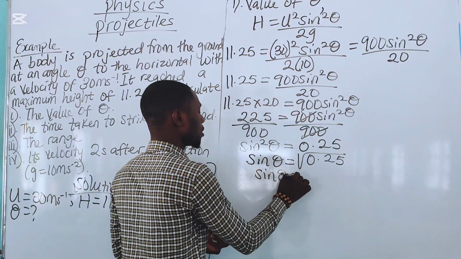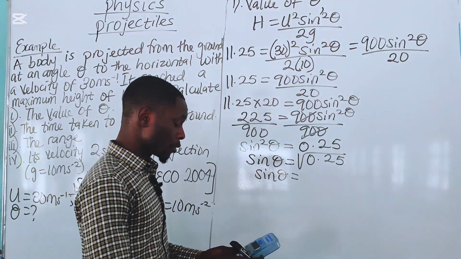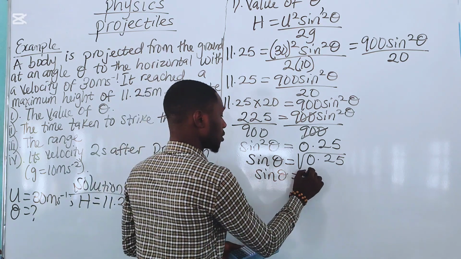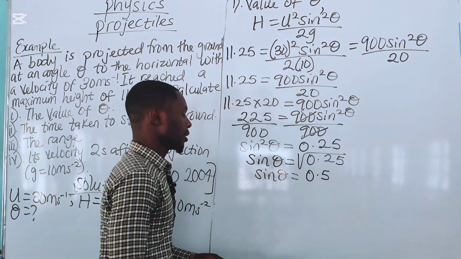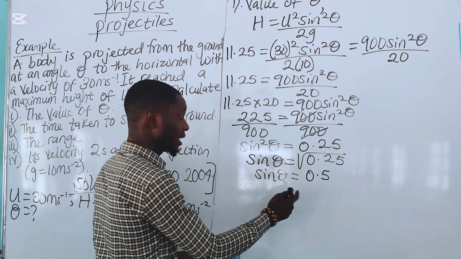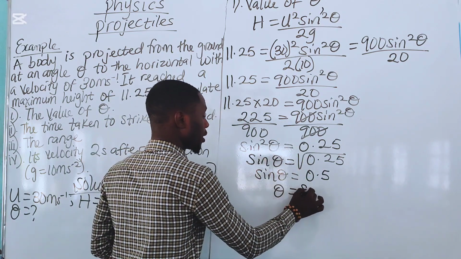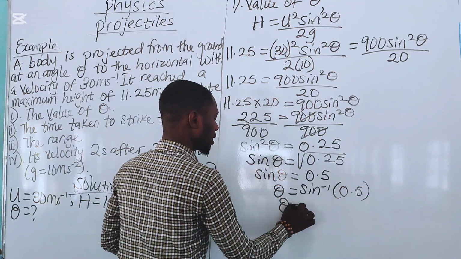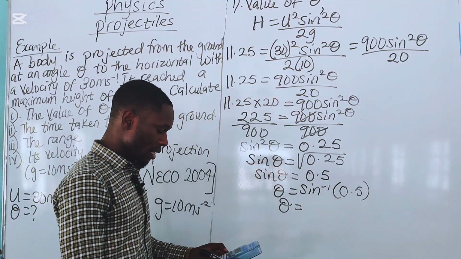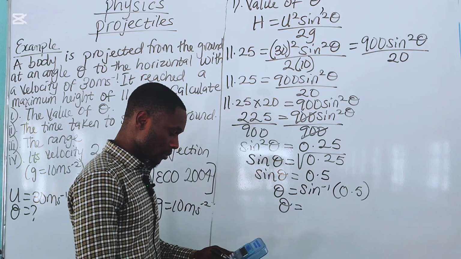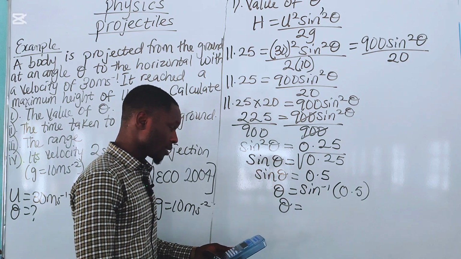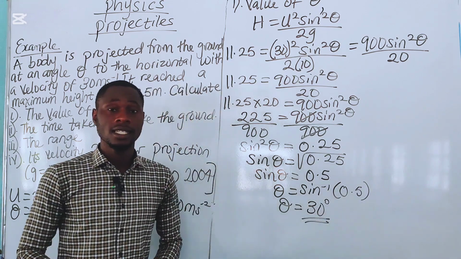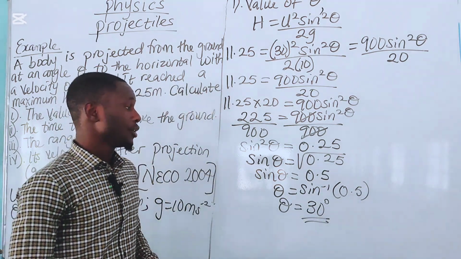So the square root of 0.25 is equal to 0.5. So we're looking for theta, we take sine inverse. So theta will be equal to the sine inverse of 0.5, which is 30 degrees. So therefore, our theta is equal to 30 degrees.